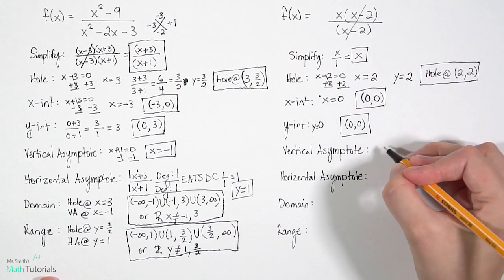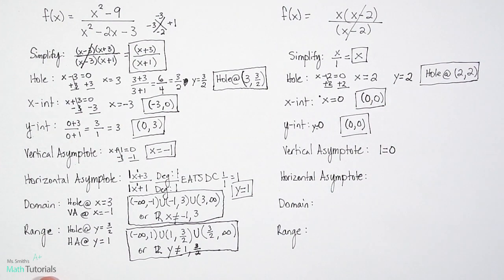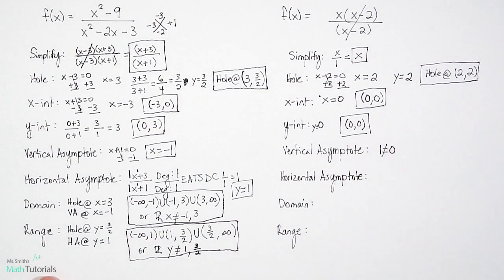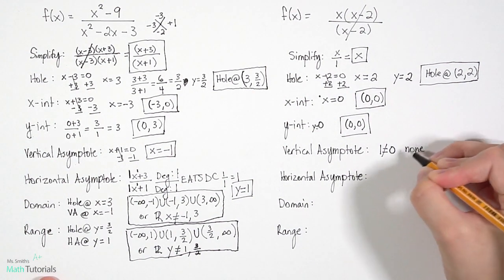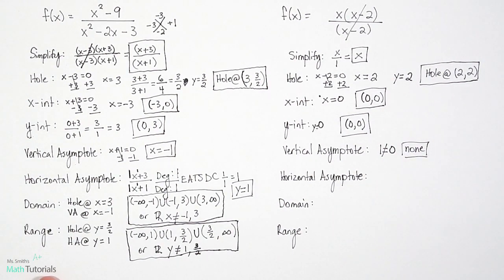So we would just say, okay, let's set 1 equal to 0 and then solve. But this is a weird situation. There's nothing to solve for. And 1 does not equal 0. So in this case, we would just say there is no vertical asymptote. It's just none. And that's okay. We don't have to have a vertical asymptote.